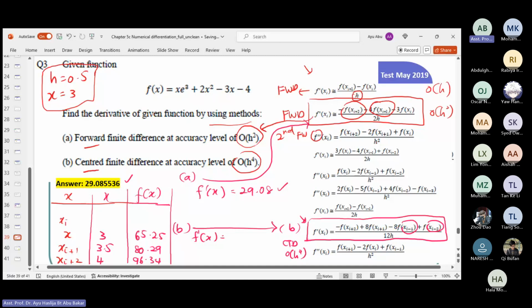So x i minus 1 and x i minus 2 means 3 minus the h, then minus. That is your data. Find out the f x, then substitute into the equation. You should get a result similar to your A.